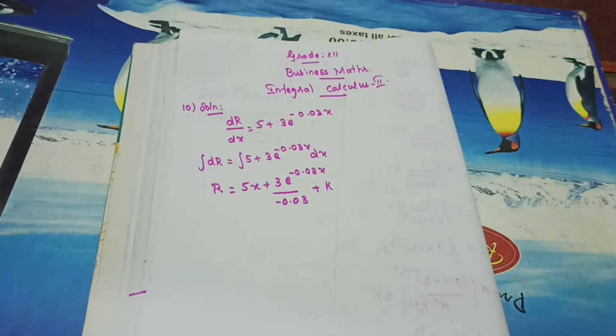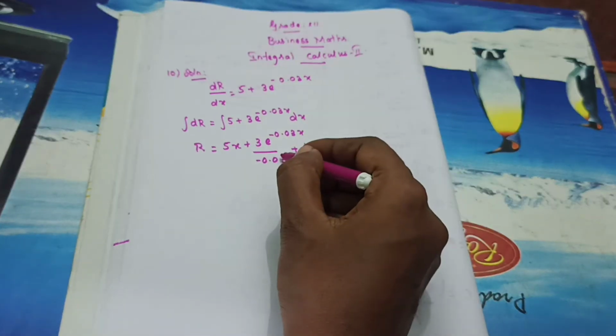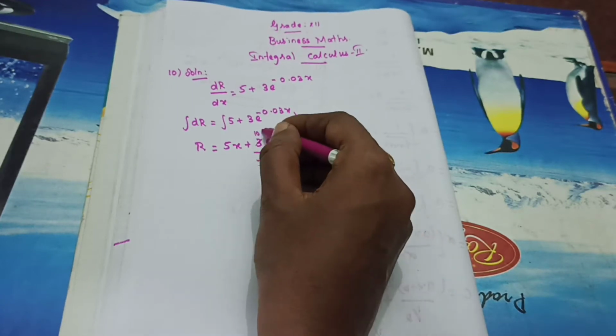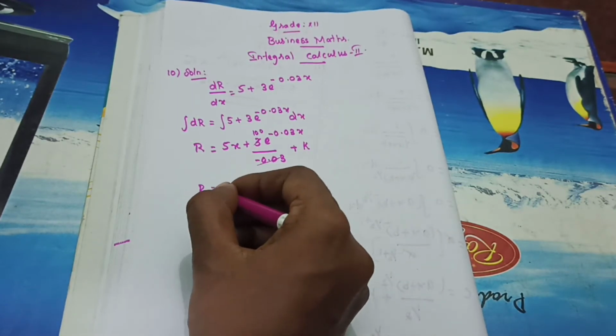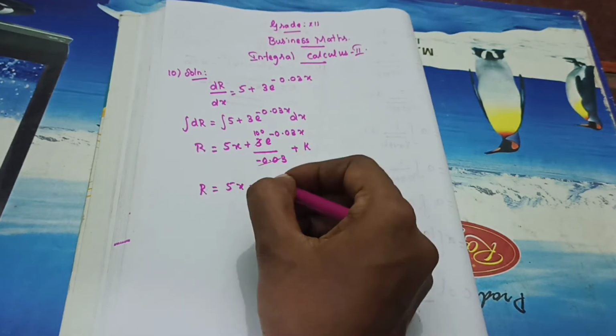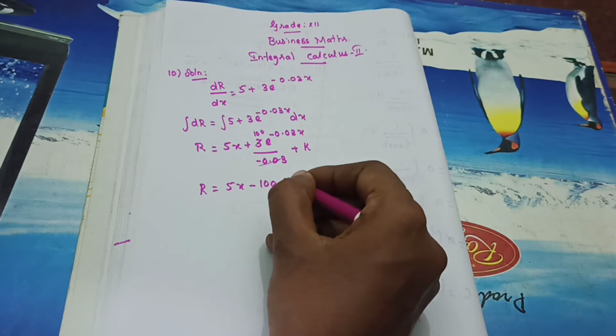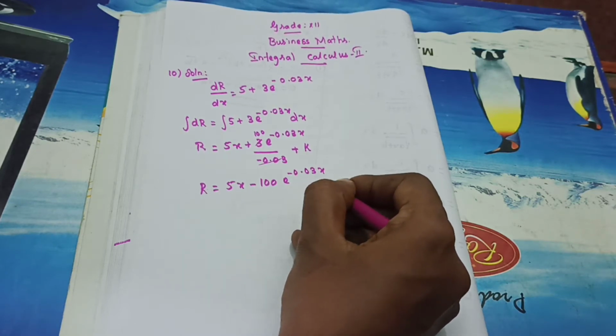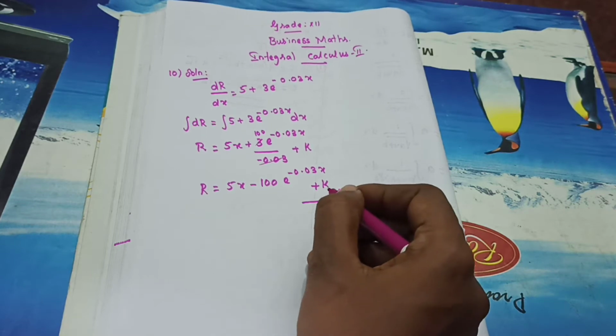Okay, so you can cancel this. If you cancel, it will come to 100. Multiply and see. So R equals 5x minus, this minus will go here, so minus 100 e power minus 0.03x plus k. This is equation number 1.